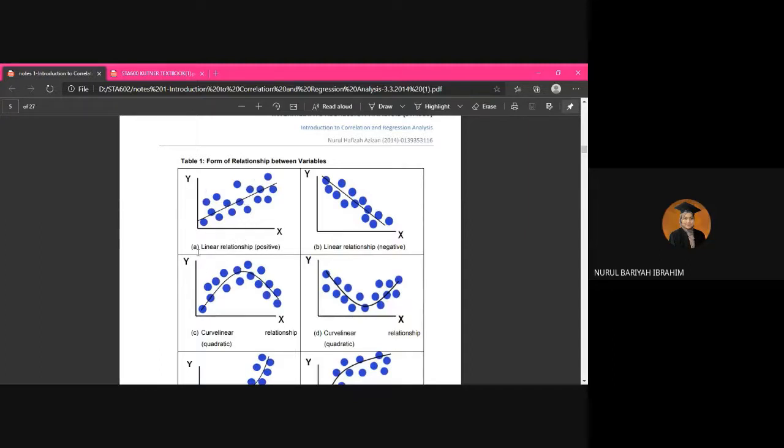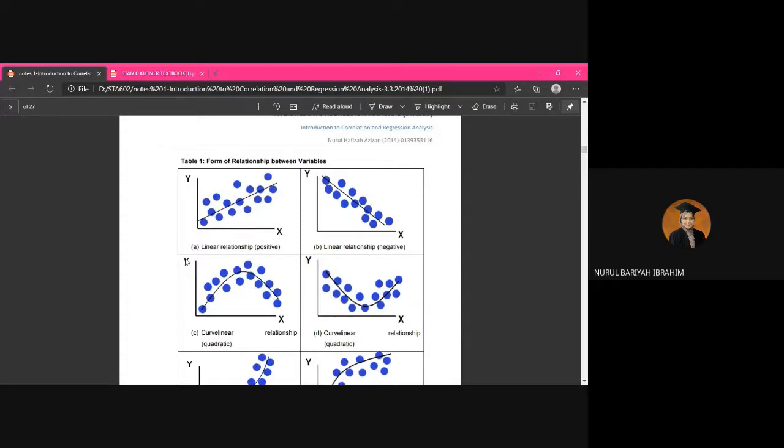So for graph A, okay, the diagram of A, this is the example of a linear relationship, which is the positive linear relationship between x and y. Okay, means that the plot creates the positive trend ataupun positive slope.